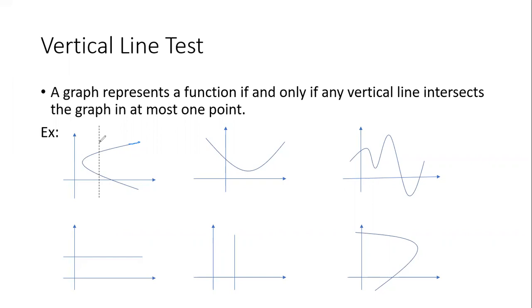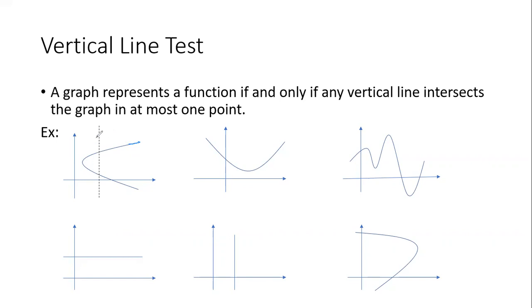If the vertical line intersects the given graph at more than one point, it is not a function, right? If it intersects one time or no times, meaning the vertical line does not intersect the graph or intersects only one time, then only it is a function.